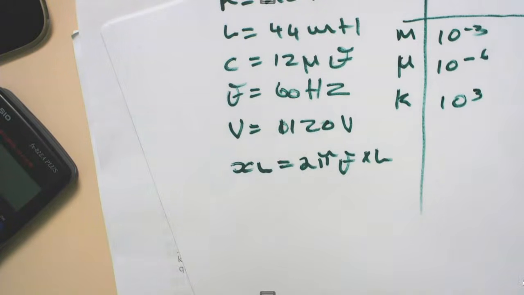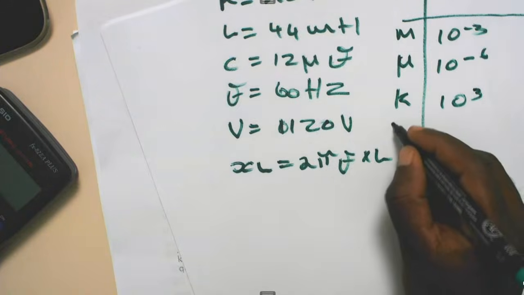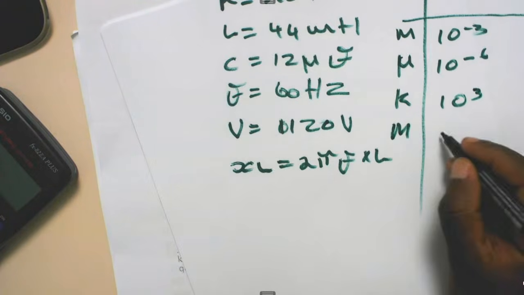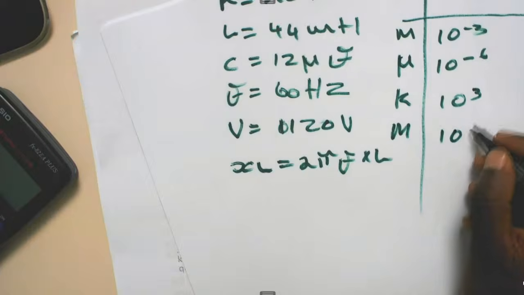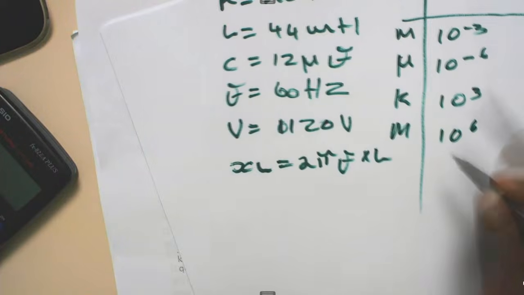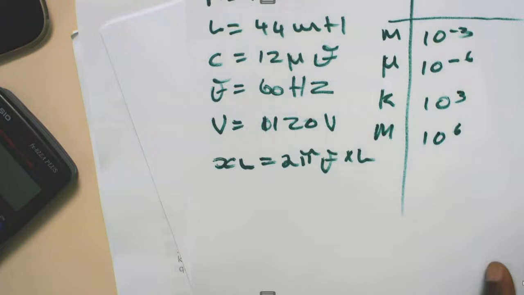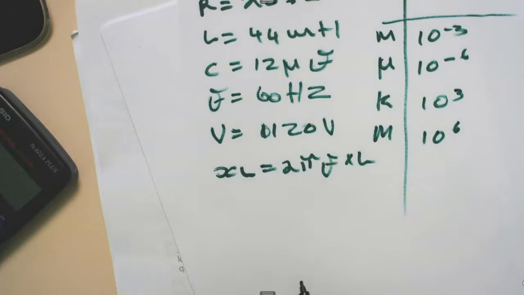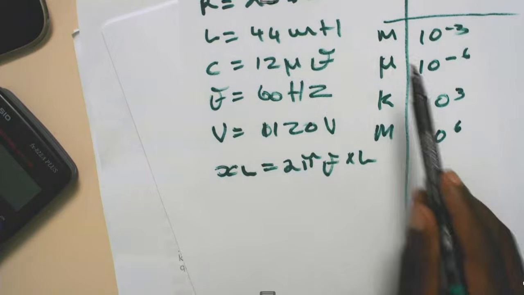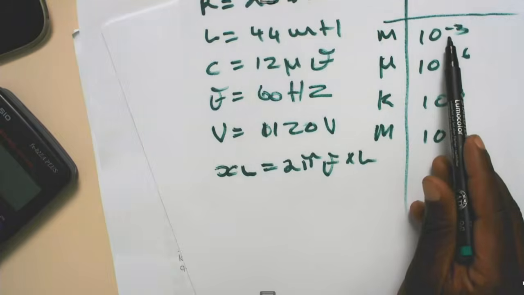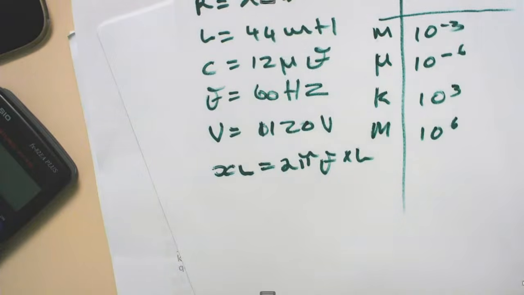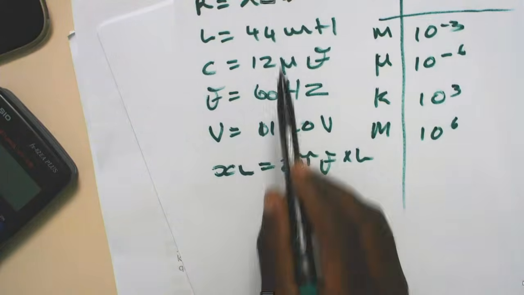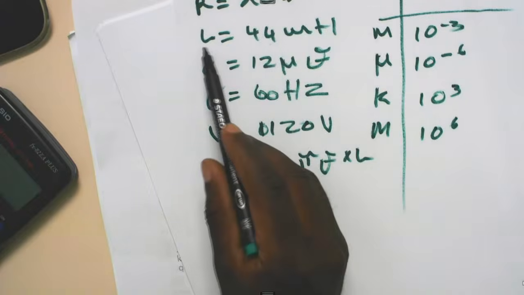Then the other one is mega, which is 10 to the power +6. There are others, but these are the ones normally used. So whenever you find milli, you know that it's 10 to the power -3, in the case of our inductor here.